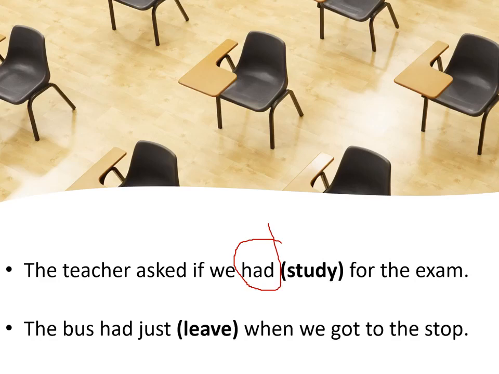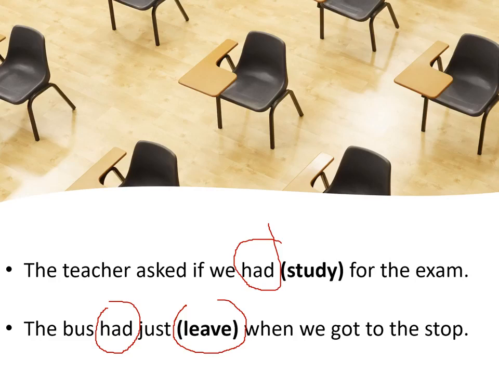The bus had just leave when we got to the stop. Then there is the word leave, and before the word leave there is the word had. Fine. So sometimes you may get some sentences whose meaning you may find hard to understand.